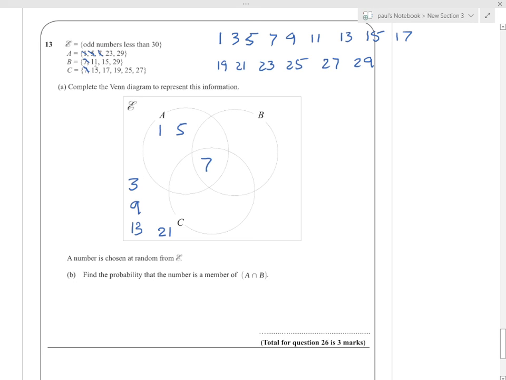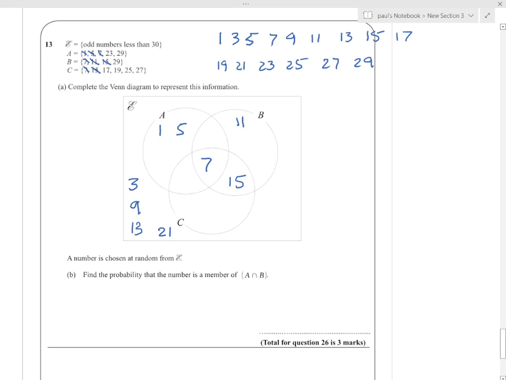Number 11 is in B on its own. 13, yeah, that's outside. 15 is in B and C. So something that is in B and C is there. So that's the number 15.